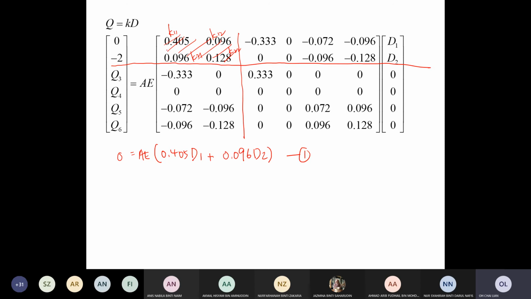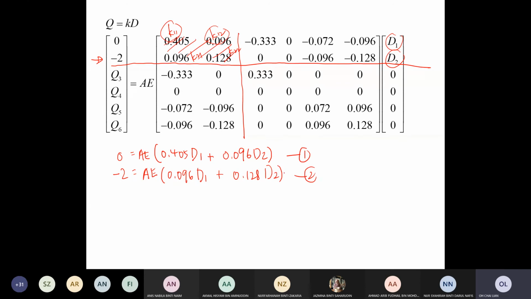You are referring to this one multiplied by this, plus this one multiplied by this, and so on to form the first equation. Then you have the second equation, referring to this row now: 0.096 D1 plus 0.128 D2. This will be equation 2.